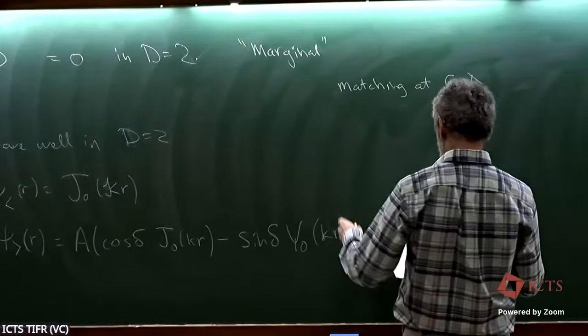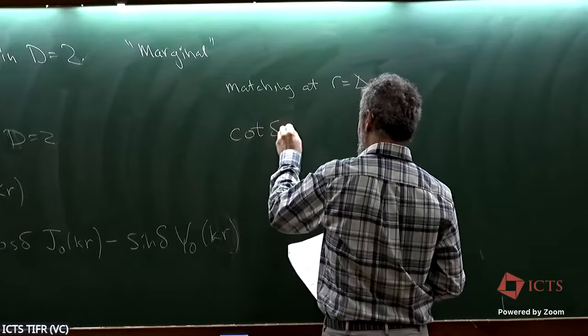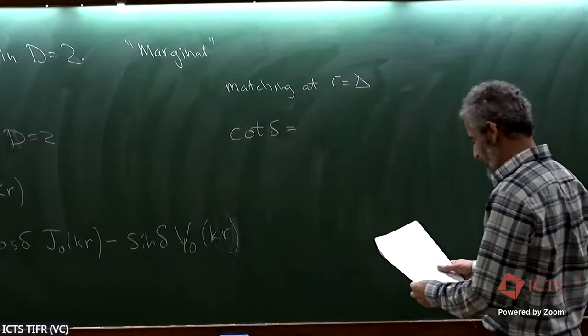And you find that the interesting quantity in 2 dimensions is not k cotangent delta, but cotangent delta, one lower dimension.